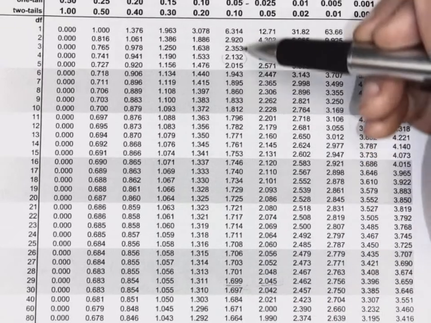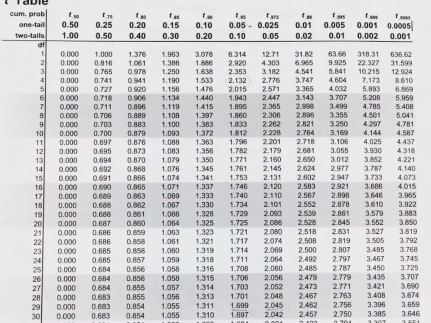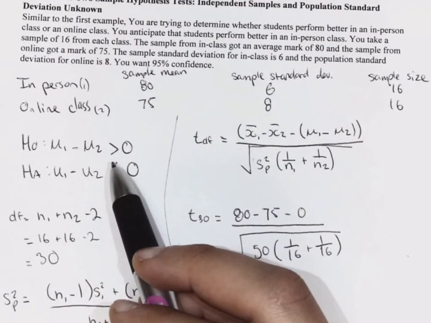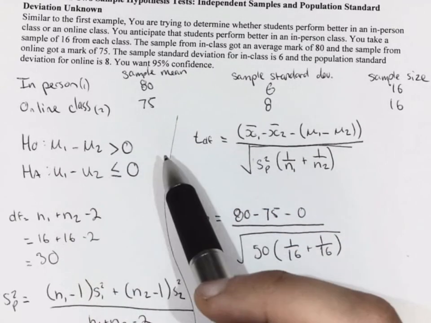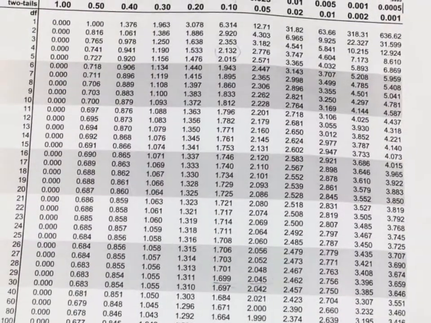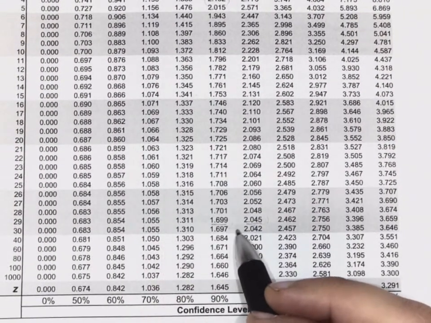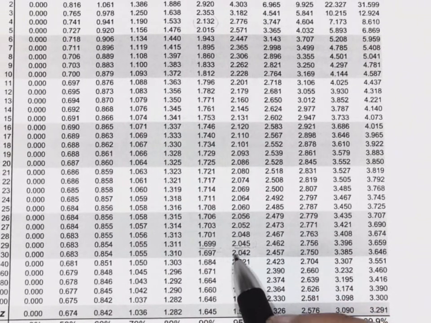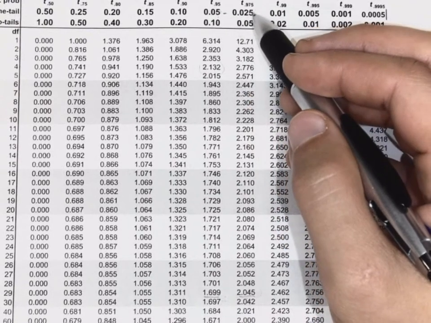Now this is a one tail because our hypothesis is that it is greater than. It's not that it's not 0, it's not that it can be less than or more than, it's just greater than. So that makes it a one tail when we consider our distribution. We can see that it falls right in between here, so our one tail shows 0.05 to 0.025.